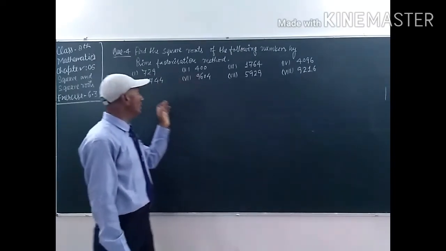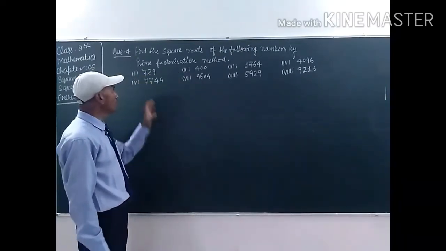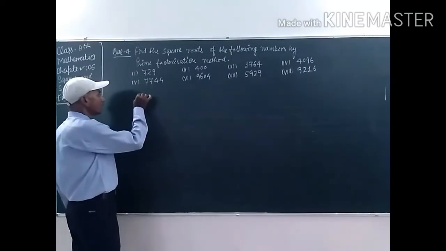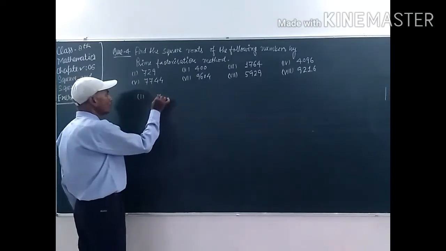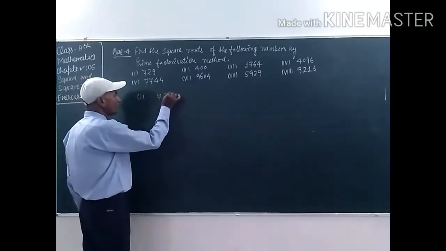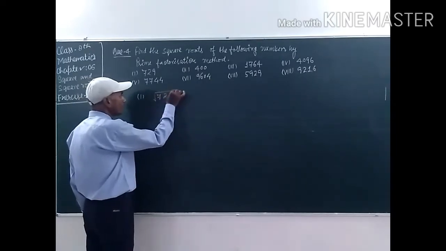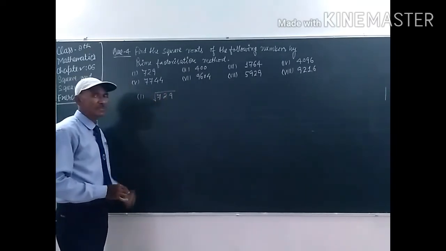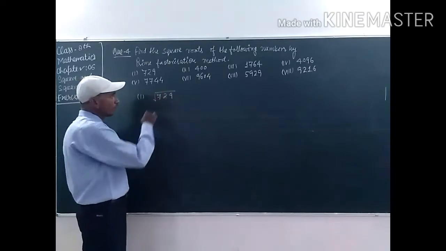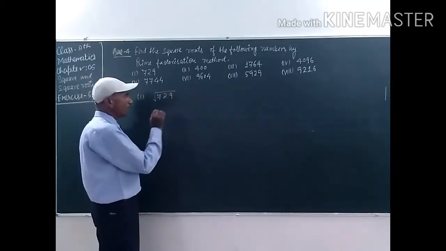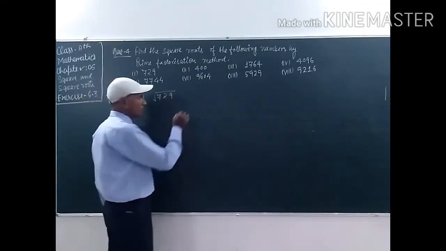So this is the first part of the question, 729. Now we have to find the square root of 729. First of all we have to find the prime factors of 729, students.